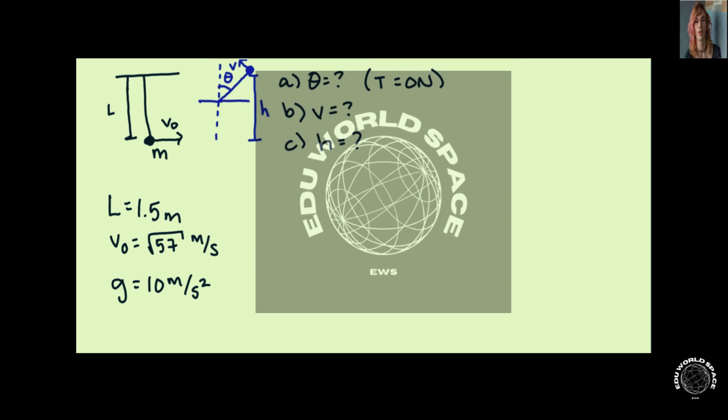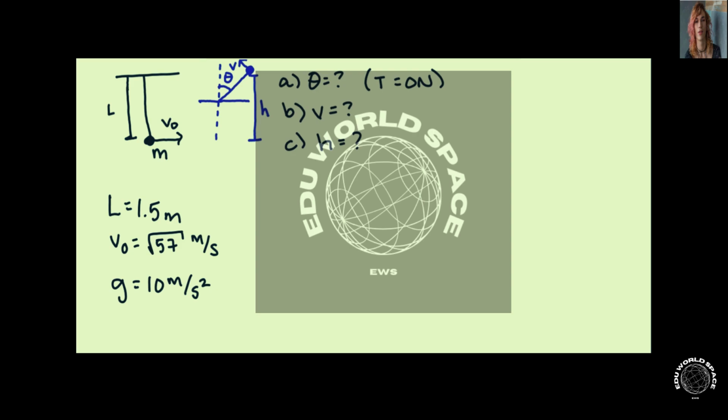So to start, we need to in some way involve that angle theta in order to try and figure out what theta is equal to. And so my first thought was either conservation of energy or Newton's second law for rotational motion.